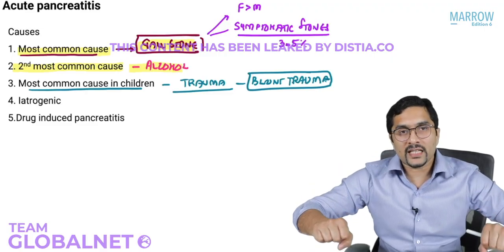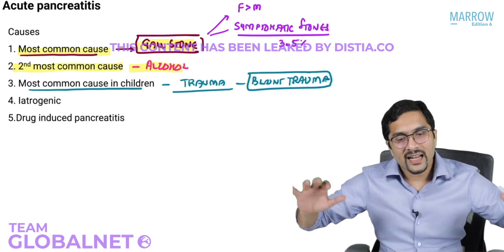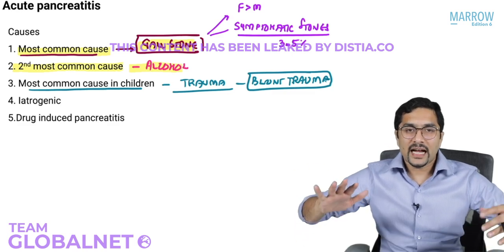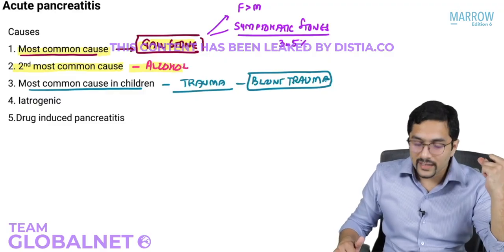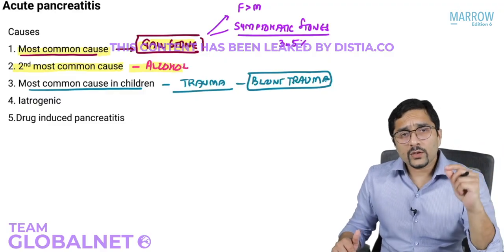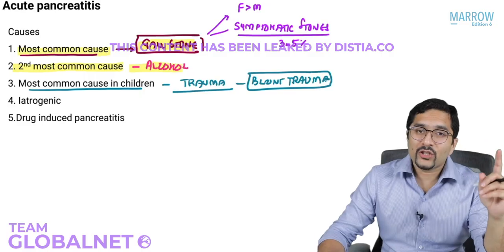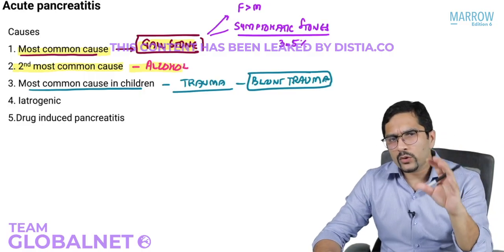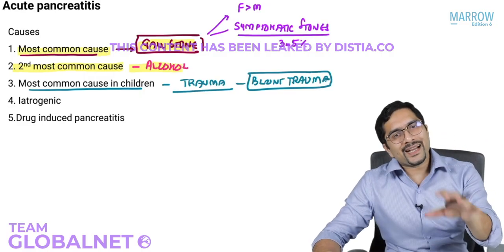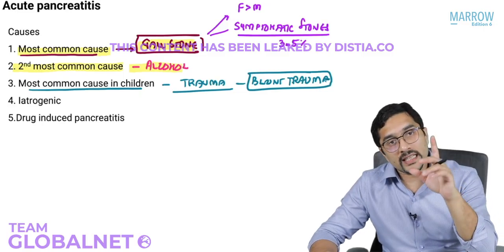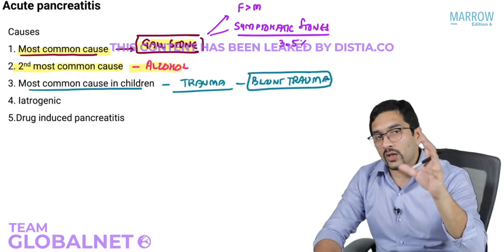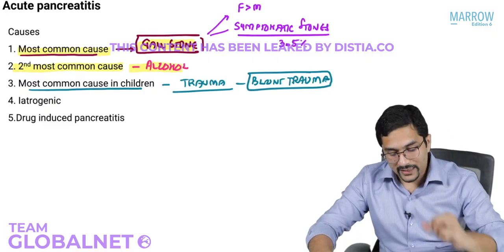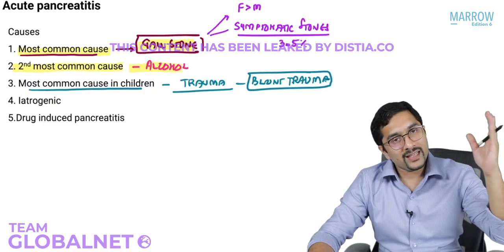So a child is riding his bike or his cycle and suddenly gets hit, and there is a handlebar injury that can predispose to pancreatitis. Also, if you remember the module on abdominal trauma, I have told you that the most important factor in pancreatic trauma is the injury to the main pancreatic duct. Right, that is the most important prognostic factor when we talk about pancreatic trauma.